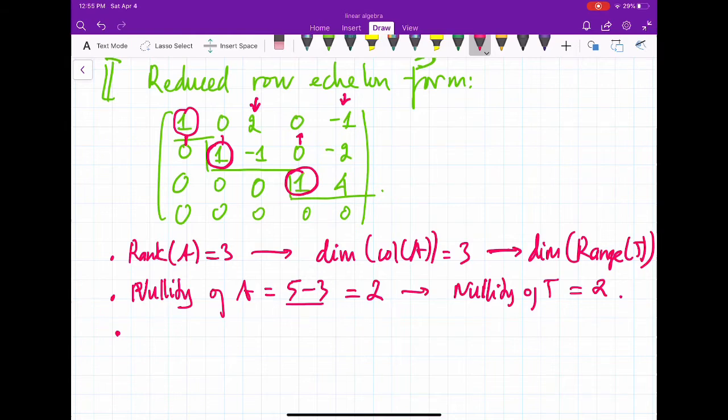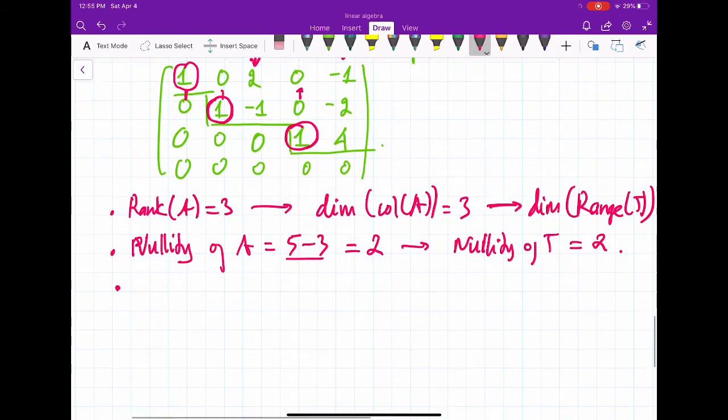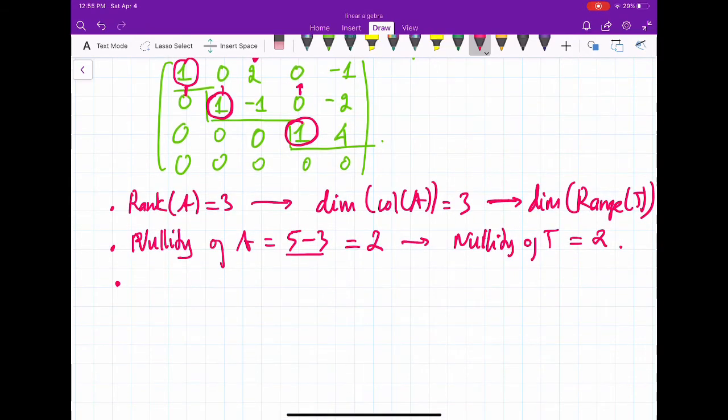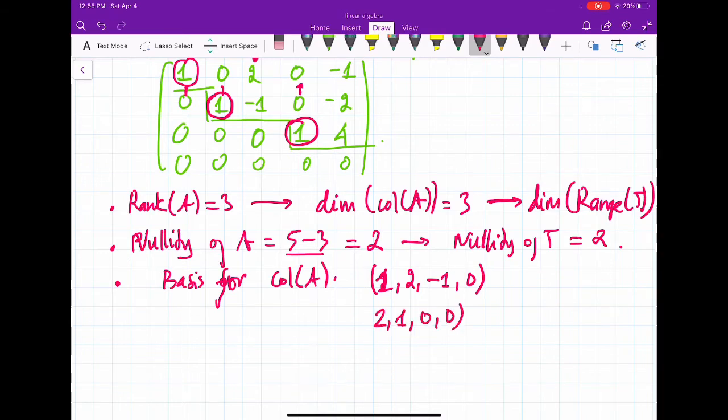You have to pick the vectors corresponding to them in the original form of A. So you may pick the first column of A, which is 1, 2, -1, 0. The second one is 2, 1, 0, 0. And the fourth column in A, which is 1, 1, 0, and 2.